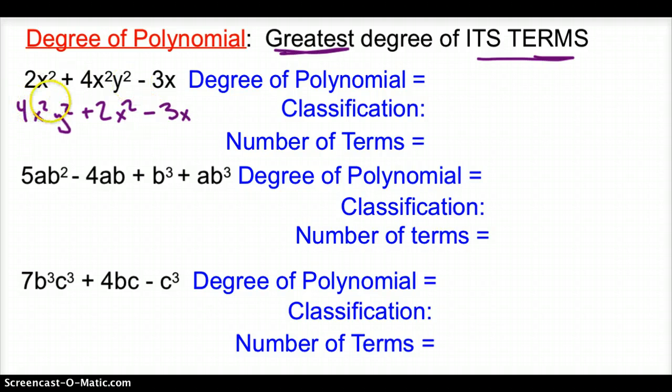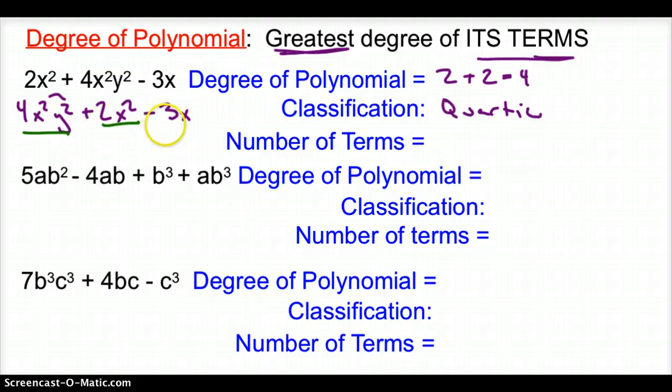The degree of this polynomial would be 2 plus 2, which is 4. The classification is quartic. And how many terms do we have? We have 1 term, 2 terms, and I'm going to underline them. We have 1 term, 2 terms, 3 terms. So how many number of terms do we have? We have 3.